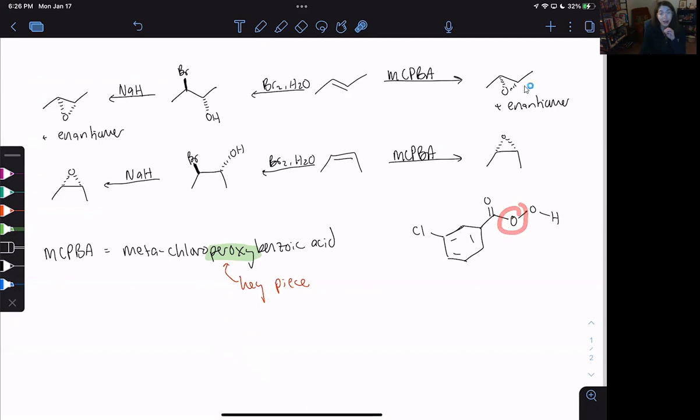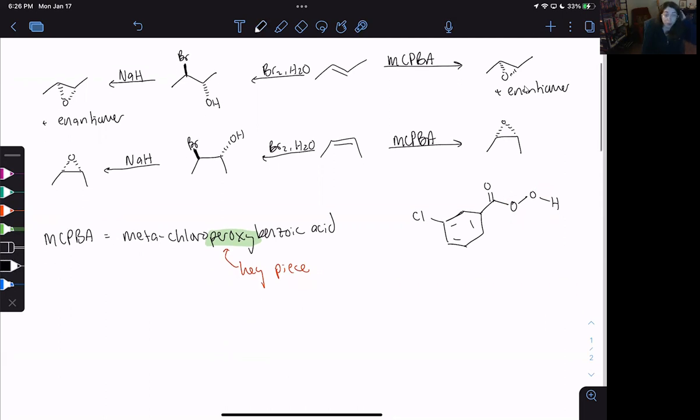This one just has that extra oxygen in it, which is what makes it the peroxy. It's like an extra oxygen. Okay, so having this oxygen-oxygen bond in there, think about like hydrogen peroxide. The perox is oxygen-oxygen. Okay, but that oxygen-oxygen bond is quite weak. And so we will see that in this mechanism that will end up breaking that bond because it's a pretty weak spot in the molecule.